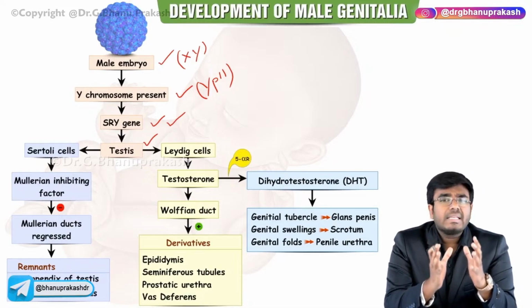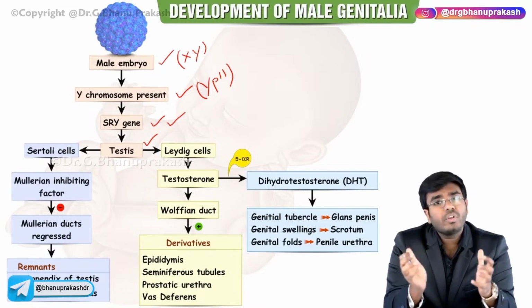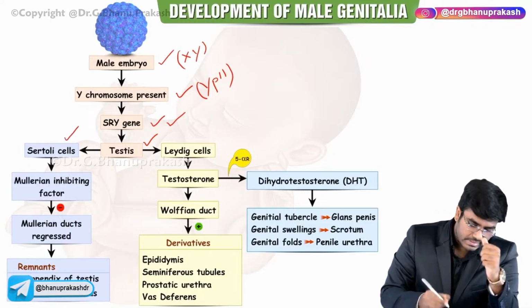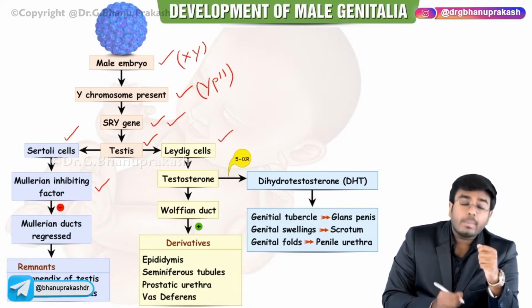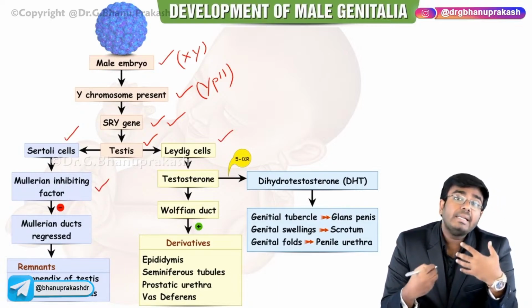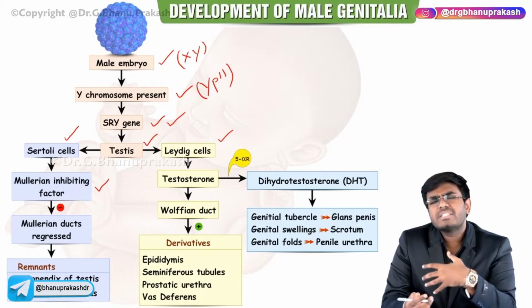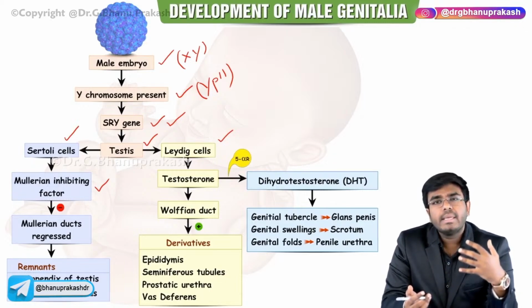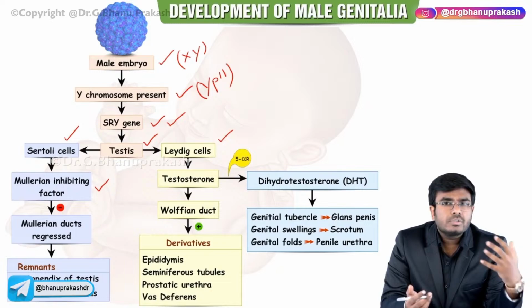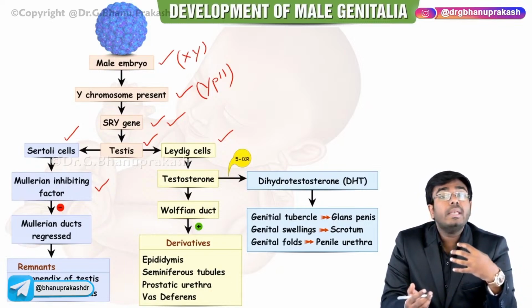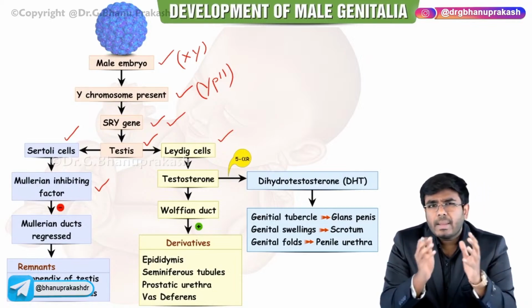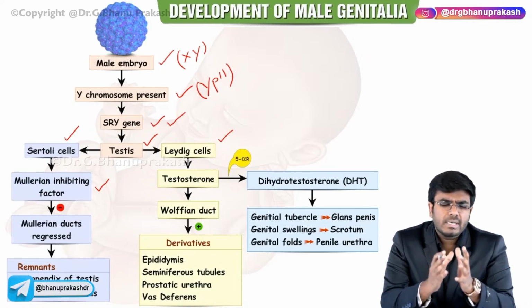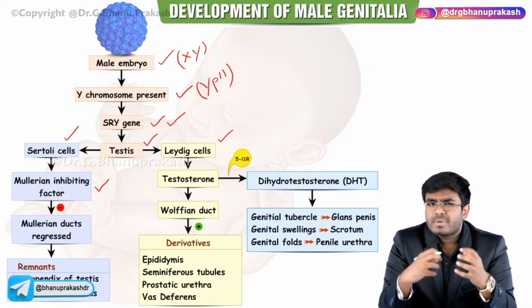We all know that in the testis, there are two different types of cells known as Sertoli cells and Leydig cells. Sertoli cells make the Mullerian inhibiting factor or anti-Mullerian hormone. In the name itself, it's very clear, Mullerian inhibiting factor. So this factor is going to inhibit the Mullerian ducts, which is very logical. In a male embryo, do you think the Mullerian ducts are going to express?